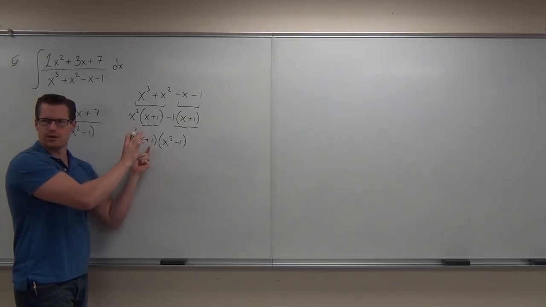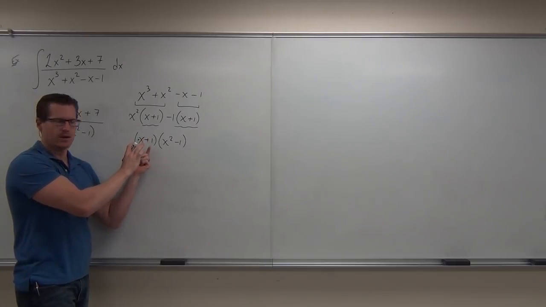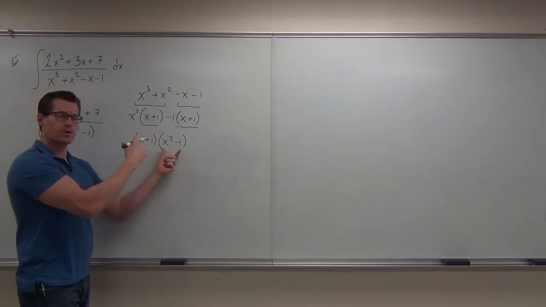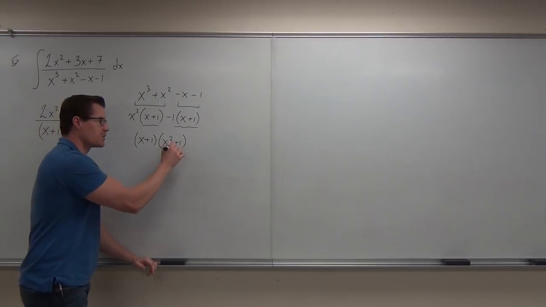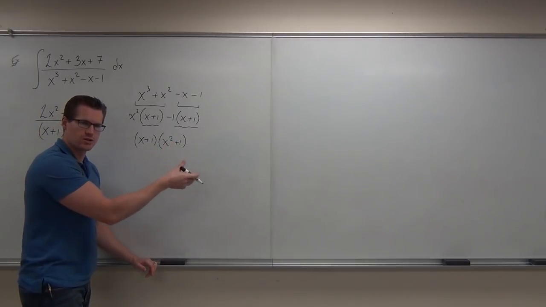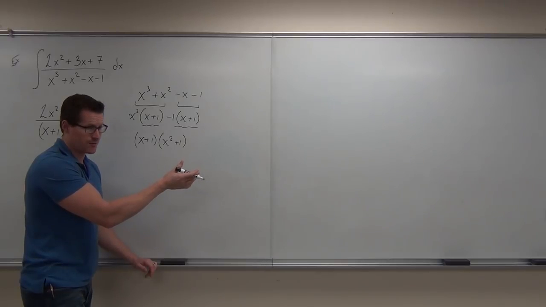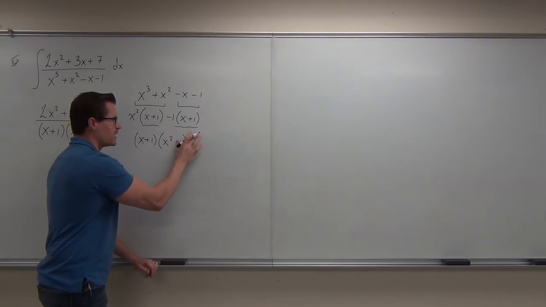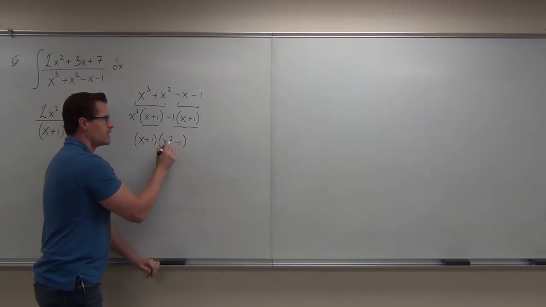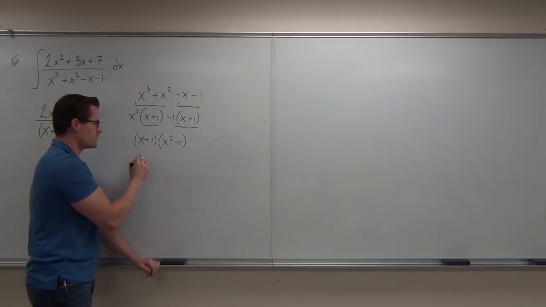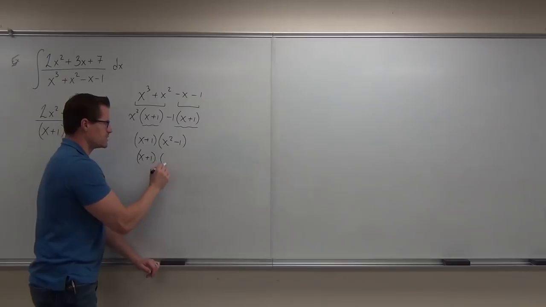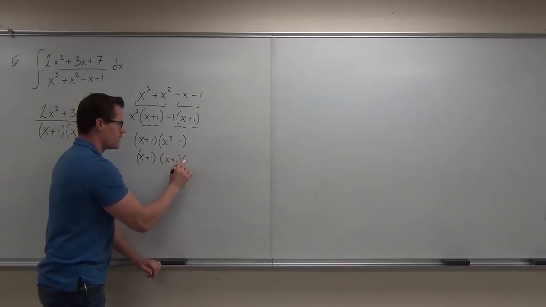Linear means power 1, x to the first power. You with me? This one is quadratic. That would be cool if it was plus. If it's plus, you're done. Do you see why? You can't factor x squared plus 1. But if it's x squared minus 1, that means you have to keep going. So we do x plus 1, and x plus 1, x minus 1.